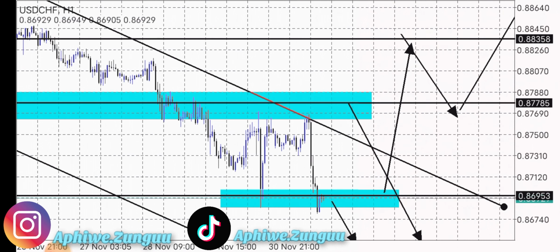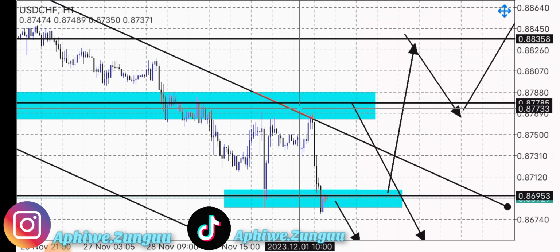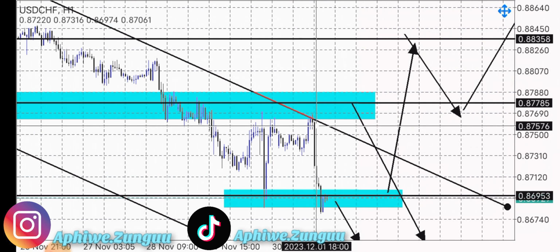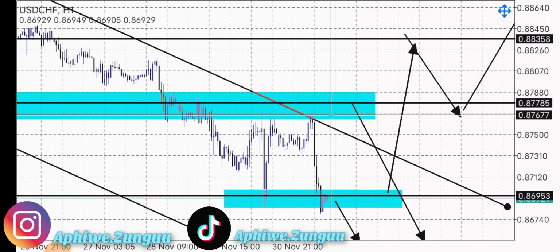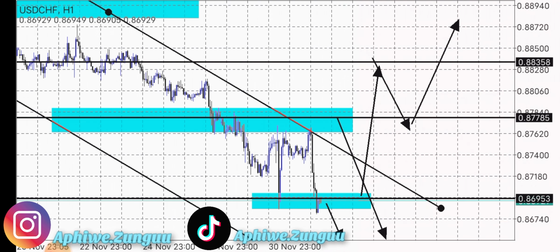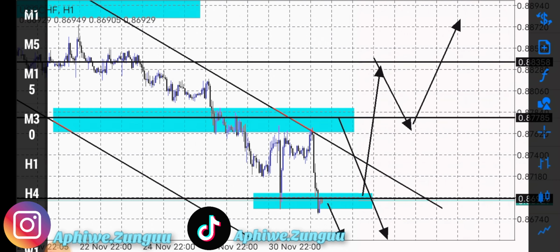If the market actually breaks a high and then comes back to retest on that high, you take your entries for buys and ride it up. So as we're still trapped under this bearish trend, we are currently anticipating sells for NZDCHF.